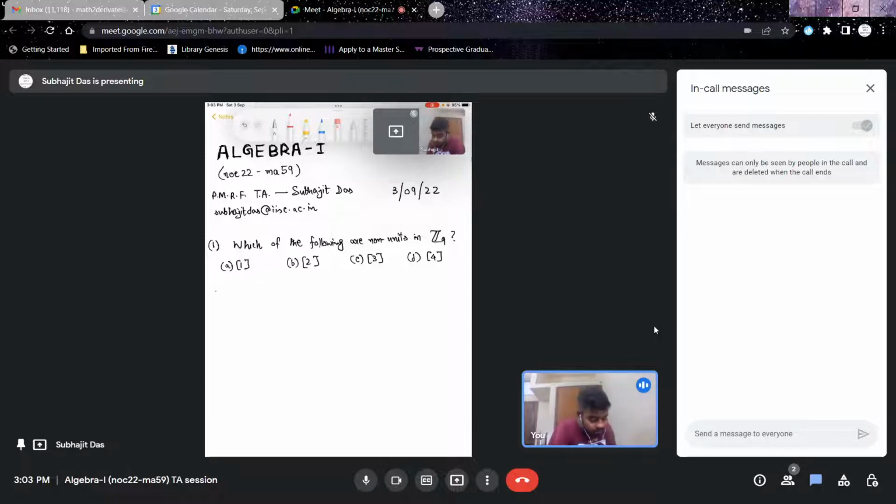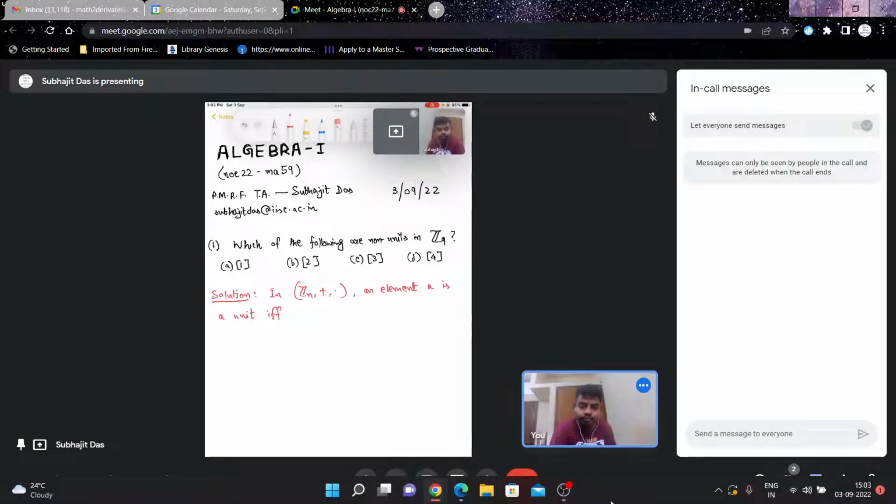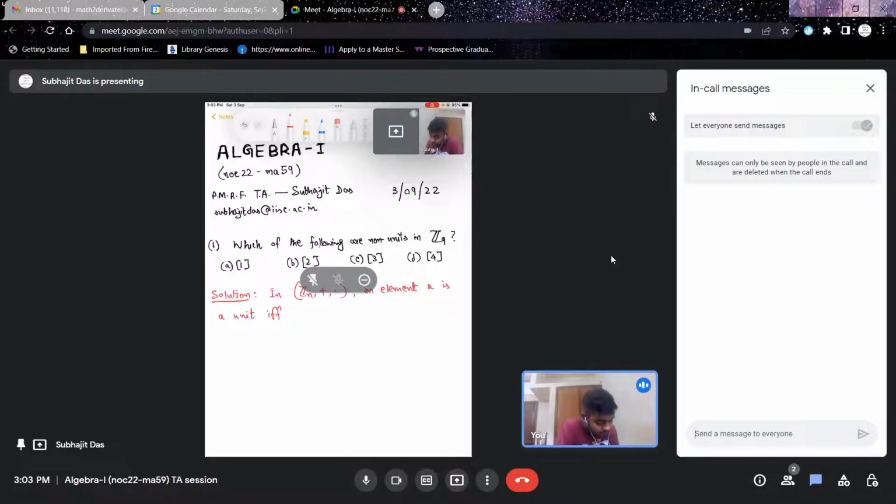I hope you already know this: in Zn, under addition modulo n and multiplication modulo n, an element A is a unit, that is, it has an inverse under multiplication, if and only if GCD of A comma n is equal to 1.